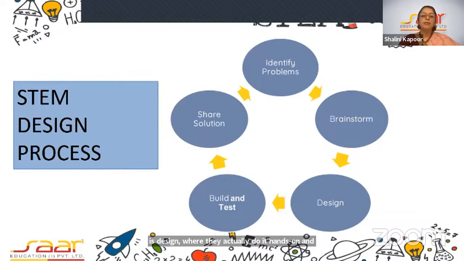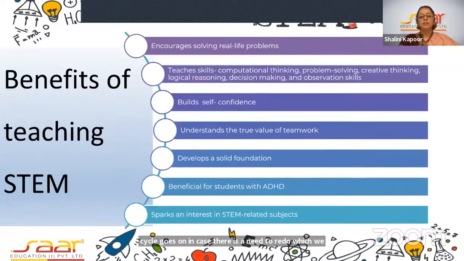Then it is build and test, where a testing of the design that they have decided on and built is done. The last step is share solution. Whatever has been done in the entire process, that learning and the challenges, if they faced any, is shared in the class. Then the cycle goes on in case there is a need to redo, which we do in senior classes, not for the junior ones, but yes, that's the process.